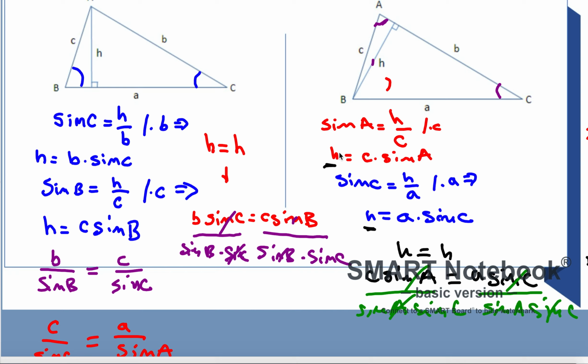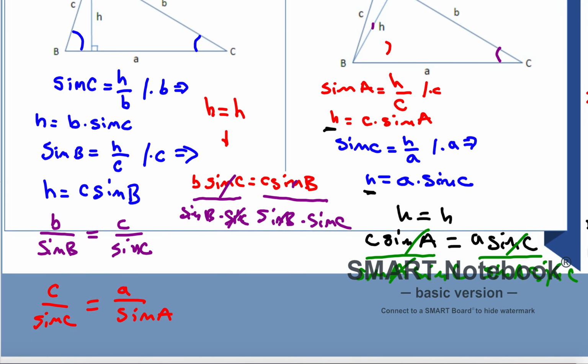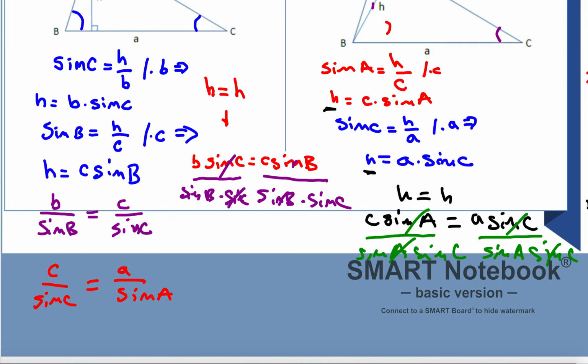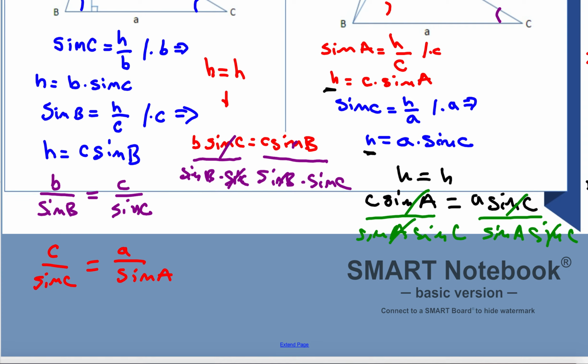Using the same idea, we get similarly a result. We don't have to prove it because it's just consuming time, but we get A divided by sine A is equal to B divided by sine B.